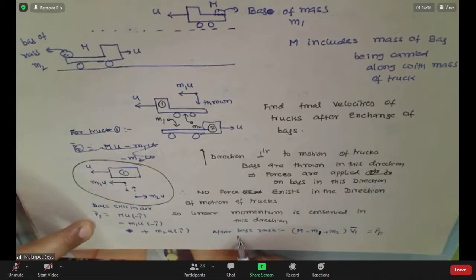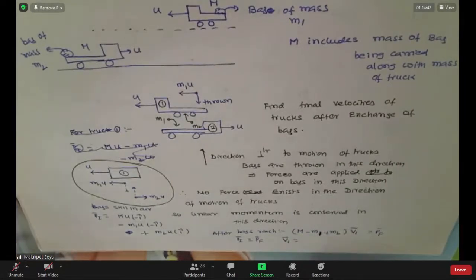You will get the velocity of the first truck after exchange of bags. See how much you are getting. Sir, that V1 is the final velocity, no, sir? The final velocity after the bags reach. Understood this?